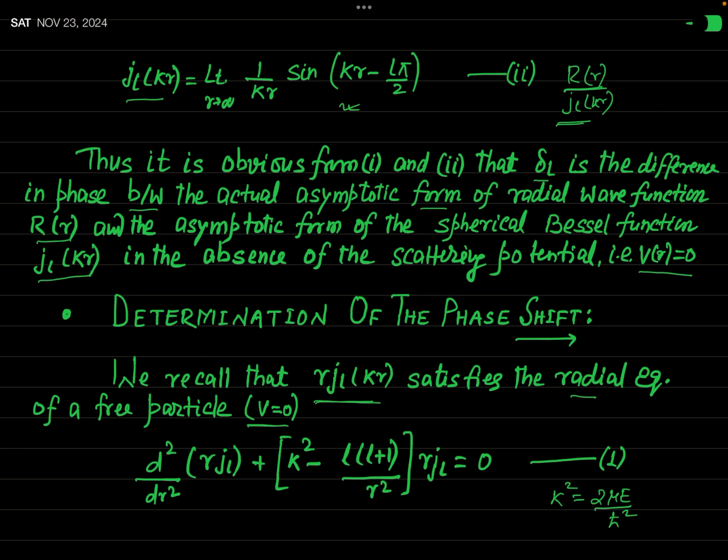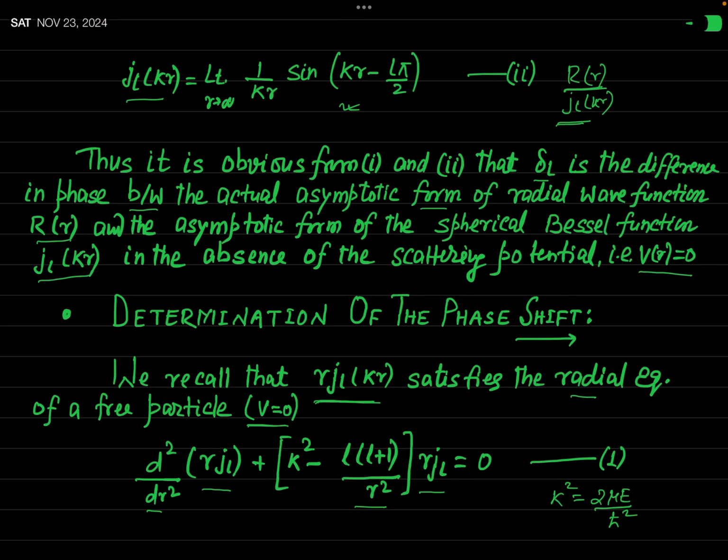So taking V equal to 0, and in place of the radial wave function taking r times j_l of kr, you can write the radial part of the Schrodinger equation in this manner. This is d2 by dr square operated on r j_l plus k square minus l times l plus 1 over r square times r j_l equal to 0. Here this k square stands for 2 mu E over h bar square.